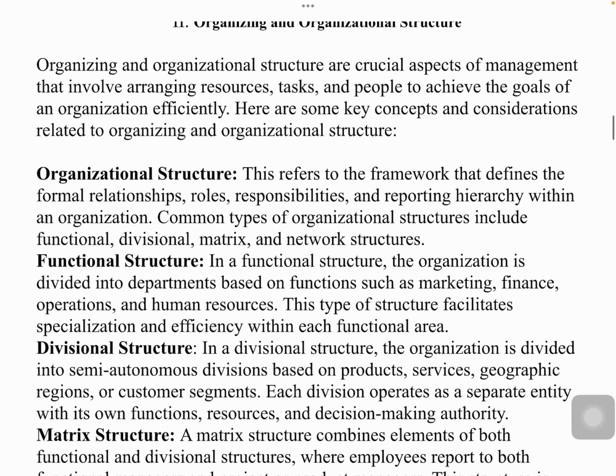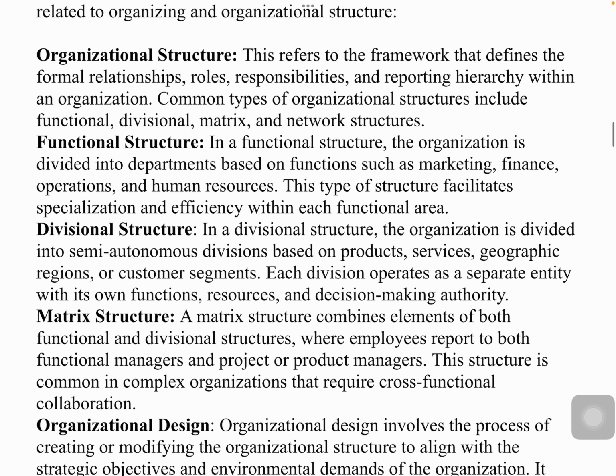So, next is functional structure. In a functional structure, the organization is divided into departments based on functions such as marketing, finance, operations, and human resources. So these types of structures facilitate specialization and efficiency within each functional area. Okay.